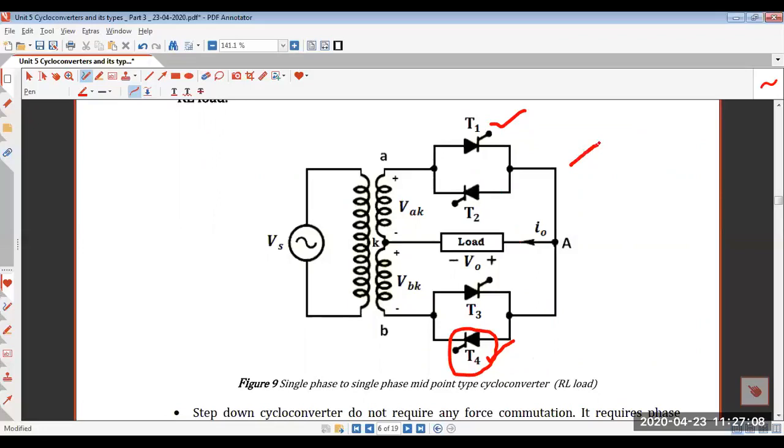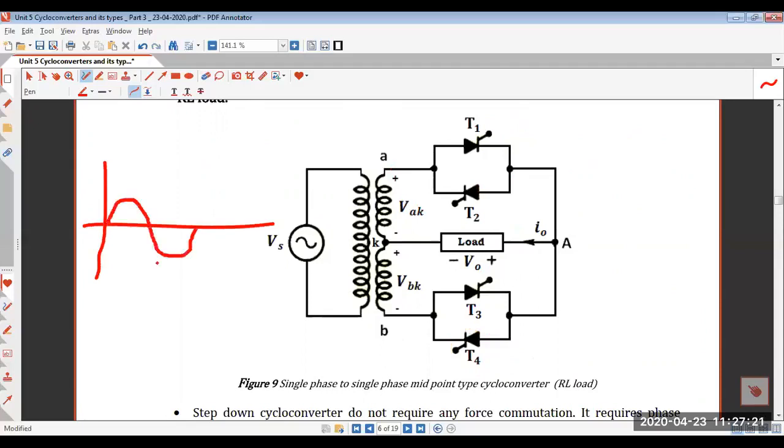Then to get the positive output, right? Then for the negative half cycle, this end is negative and this end is positive.